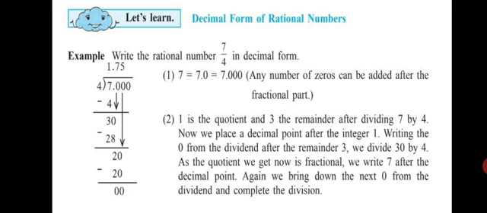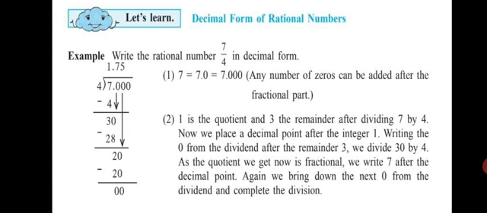So 1 is the quotient and 3 the remainder after dividing 7 by 4. So see the instructions. Now we place a decimal point after the integer 1 in the quotient, writing the 0 from the dividend after the remainder 3. We divide 30 by 4. As the quotient we get now is fractional, we write 7 after the decimal point.